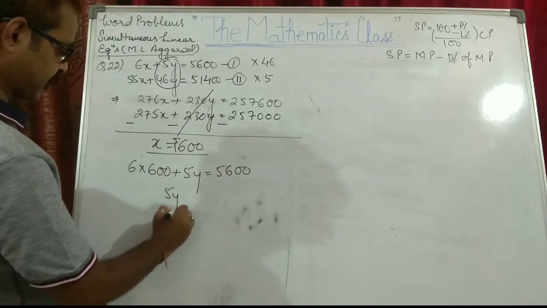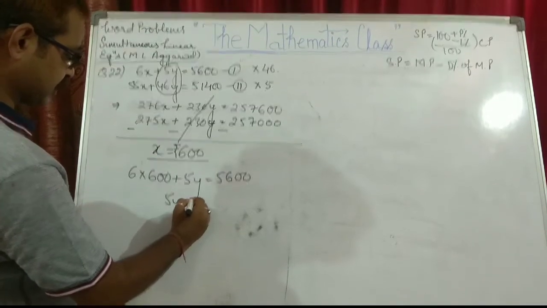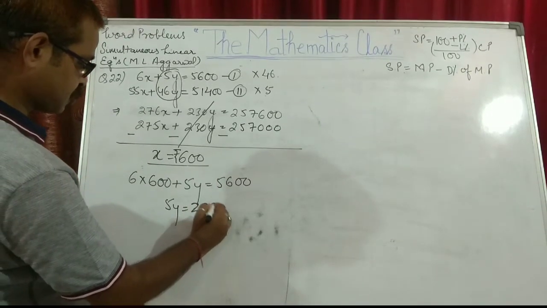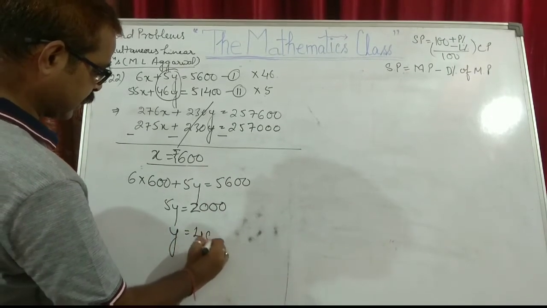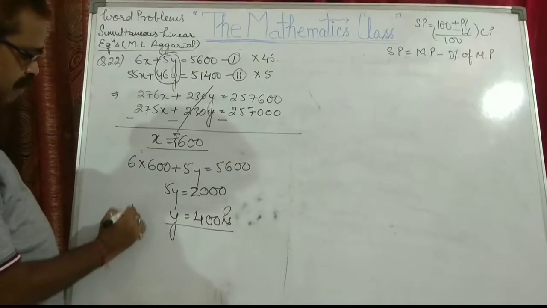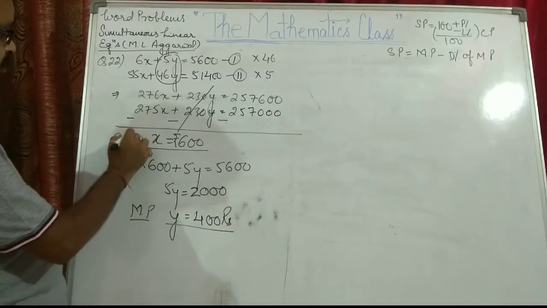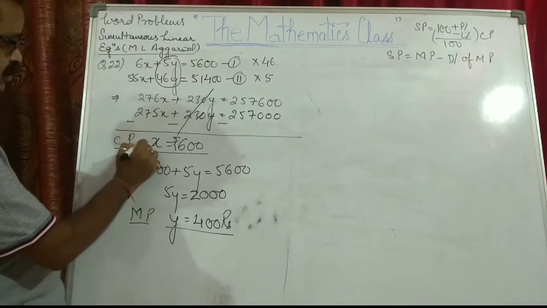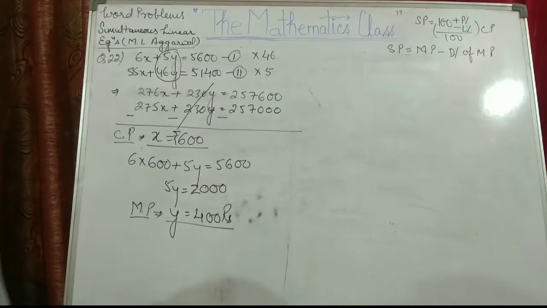So we will write 5y is equal to 2000. So y becomes 400, 5 4s are 20. 400 rupees is the mark price or list price of the chair, and the cost price of the table is 600, and the mark price of the chair is 400 rupees.